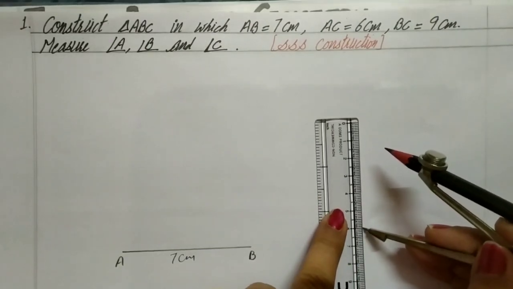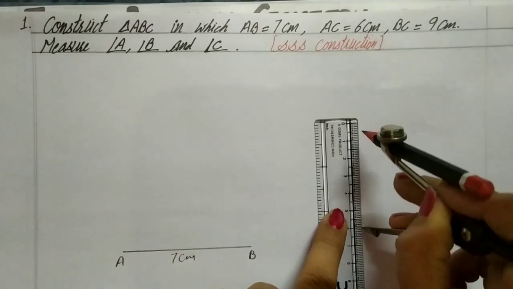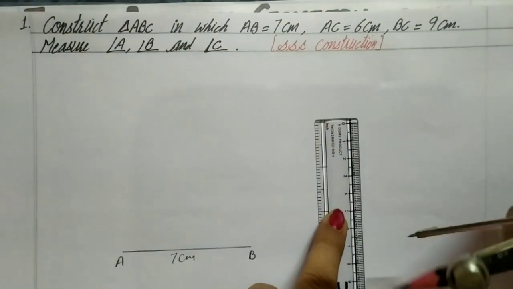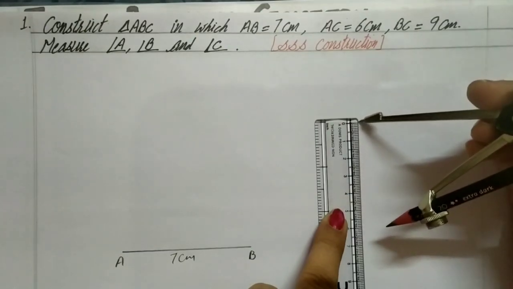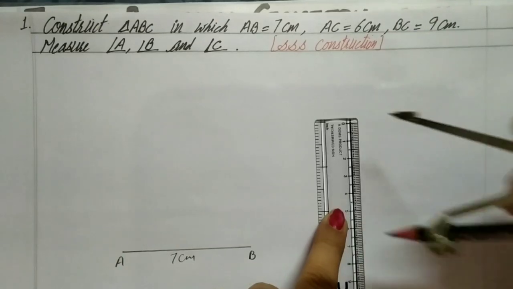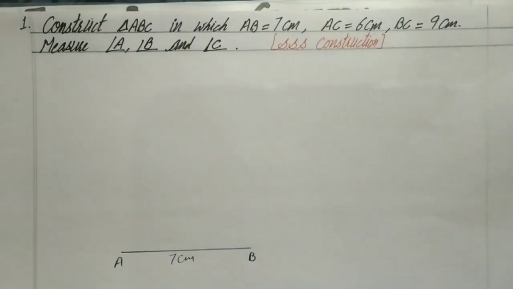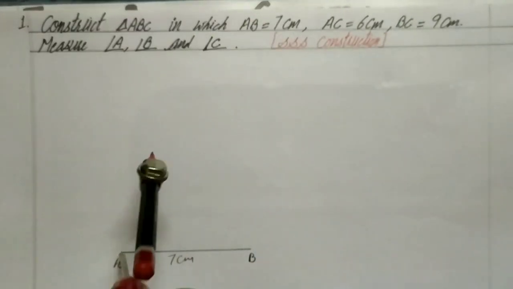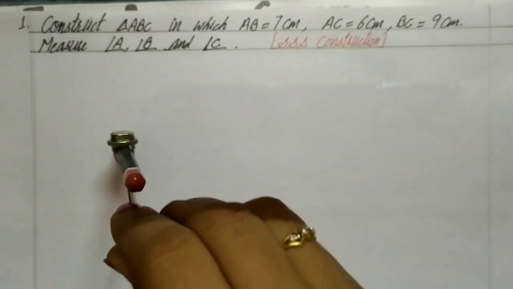Put the pin of your compass in front of 6 and open it up to 0, or you can do it this way also: put the pin in front of 0, then open your compass up to 6 cm. Since we have to take point A as center, put the pin over here and mark a convenient arc of the circle over here.